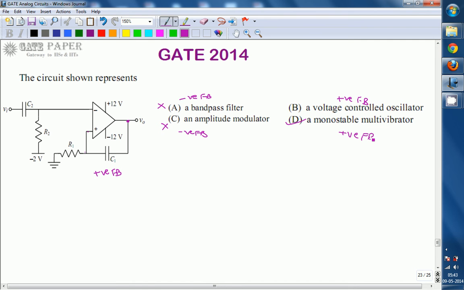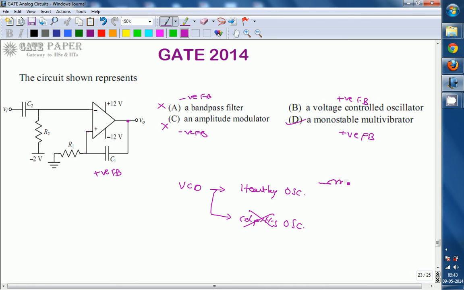A voltage controlled oscillator, VCO, is generally implemented using a Hartley oscillator. This is the most popular. Otherwise it may be realized using a Colpitts oscillator. Actually, it is not Colpitts, it is only implemented with a Hartley oscillator.